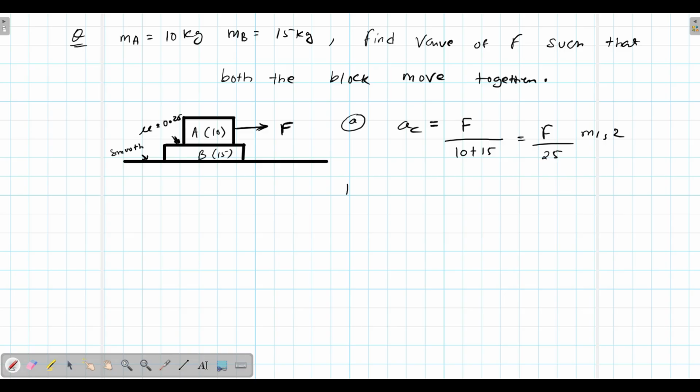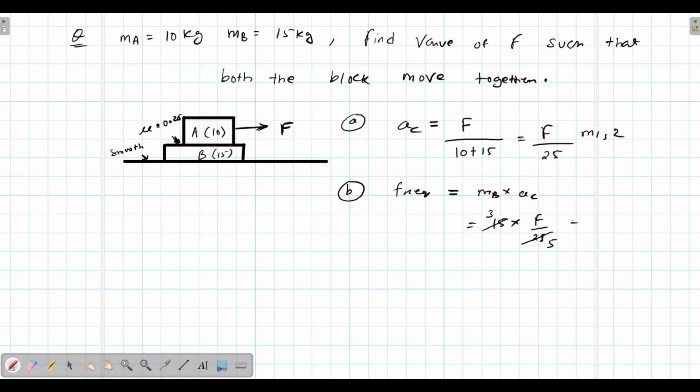Second, find the required value of friction on block B, on which force is not applied. The required friction equals mass of B into common acceleration. Mass of B equals 15, common acceleration equals F divided by 25. 5 threes are 15, 5 fives are 25.